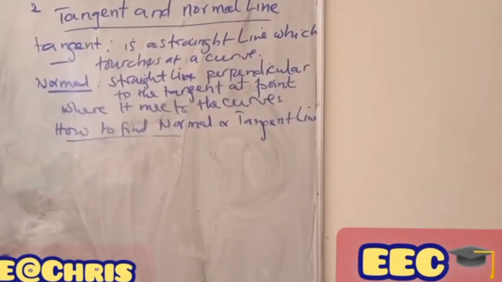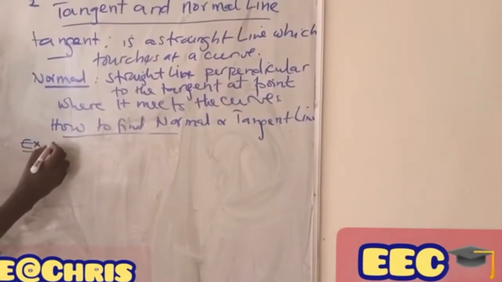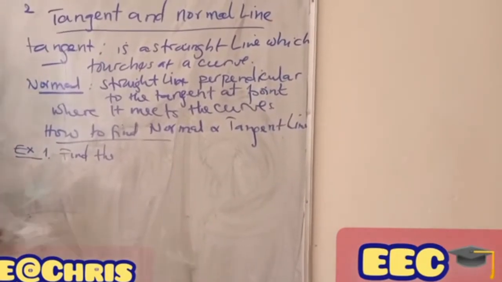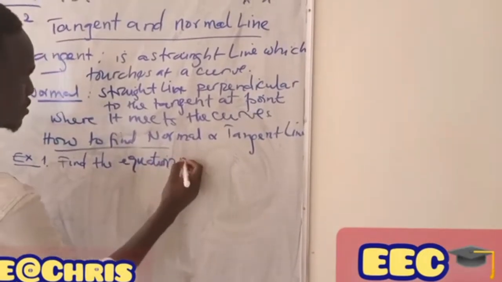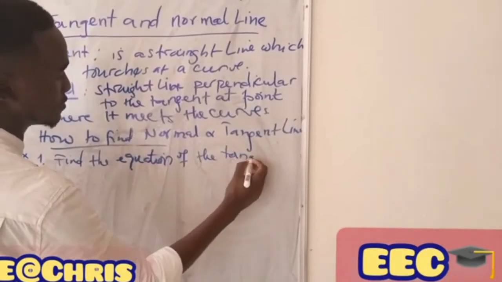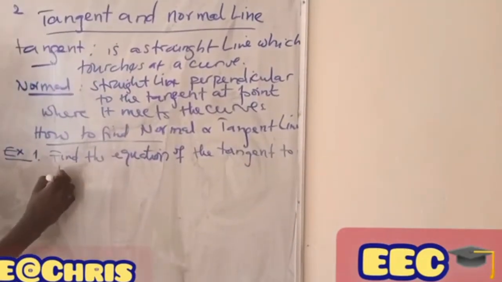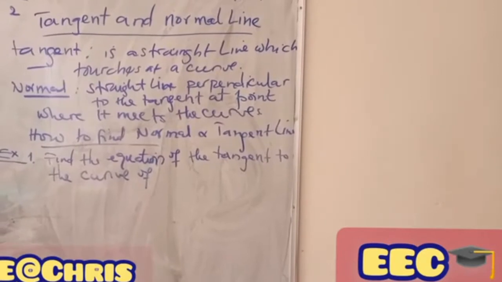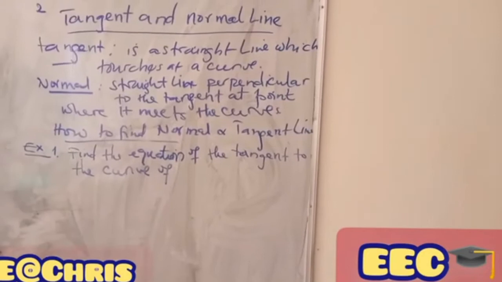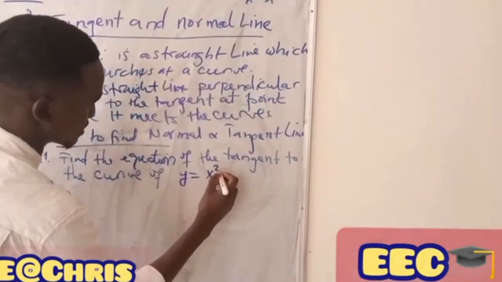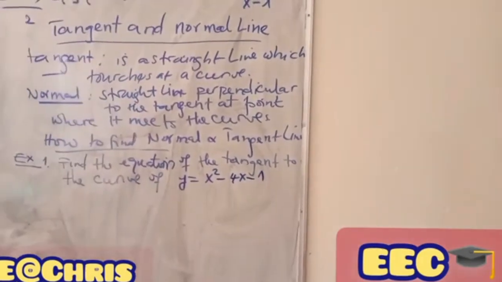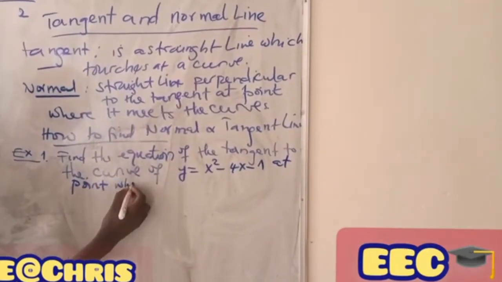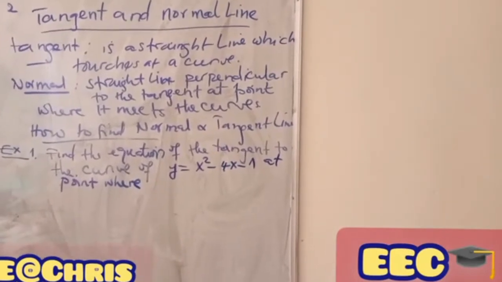Example number 1. Find the equation of the tangent to the curve, the function y equal to x squared minus 4x minus 1, at the point where x is equal to 4.